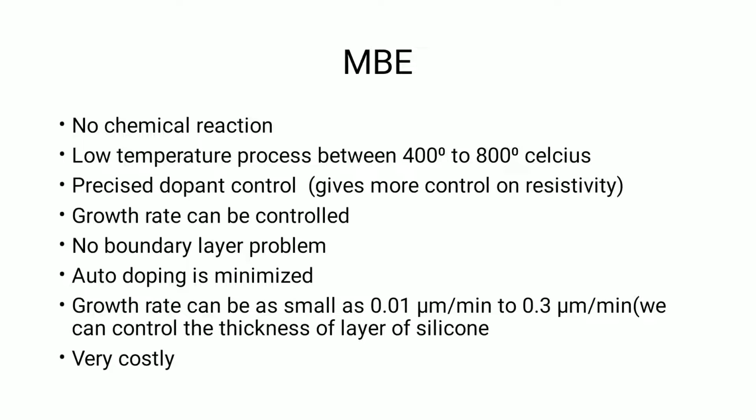The growth rate can be as small as 0.01 micrometer per minute to 0.3 micrometer per minute. That means we can control the thickness of the layer of material. And the only disadvantage of MBE is that it is very costly.